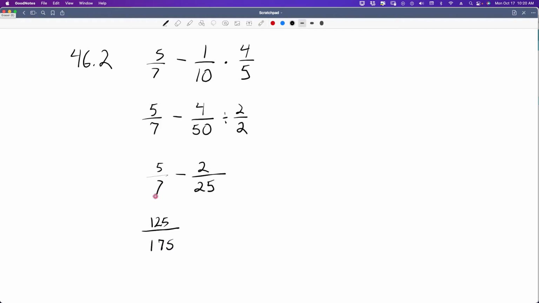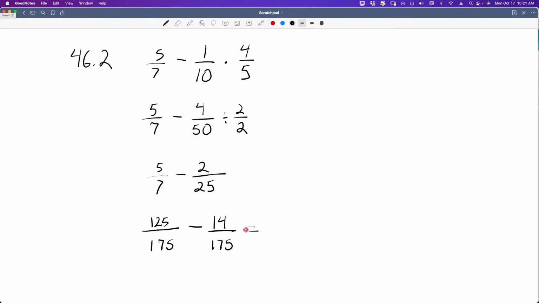And I know that because I think of this in terms of quarters, and I know that it takes 8 quarters to make $2, which is 200. So 7 instead of 8 would be 25 less. So this could be 175. Minus 7 times 2 is 14. And again, 7 times 25, we already know, is 175.